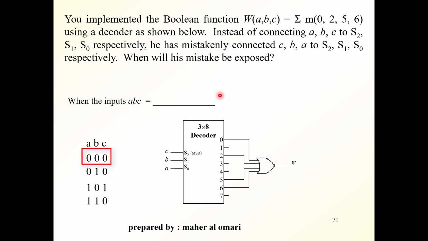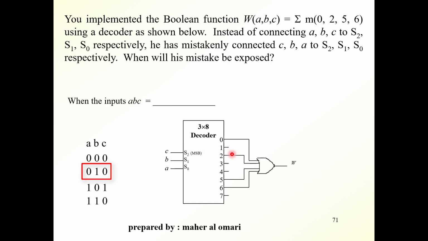Minterm 0 is when A, B, C are all zeros. When this minterm occurs, output 0 will come out to be 1, so W is equal to 1. So this is okay. When minterm 2 comes in, this is C0, B1, and A0, here is 0, 1, 0.